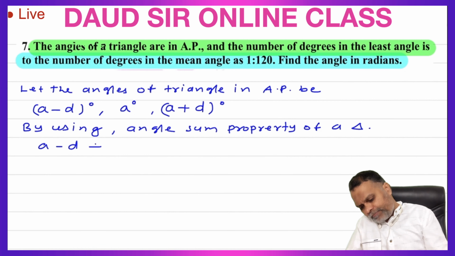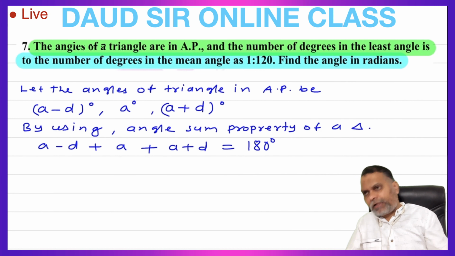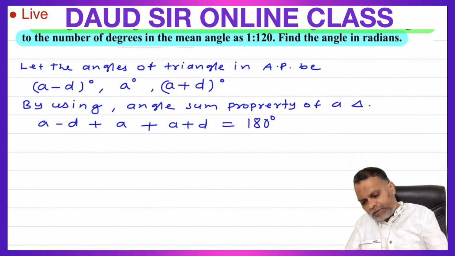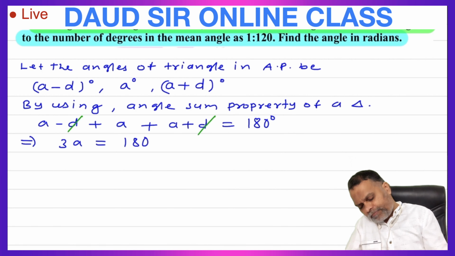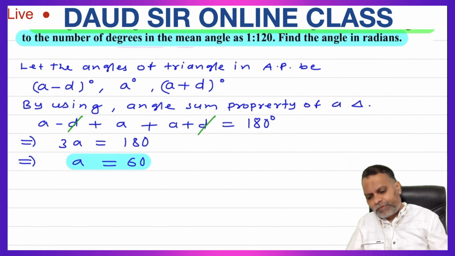A minus D plus A plus D is equal to 180 degree. All the angles are in degree here. So this negative D, positive D cancelled. A plus A plus A, 3 times A is equal to 180. So A is equal to 180 divided by 3, 60. This one value we have got, A is equal to 60.